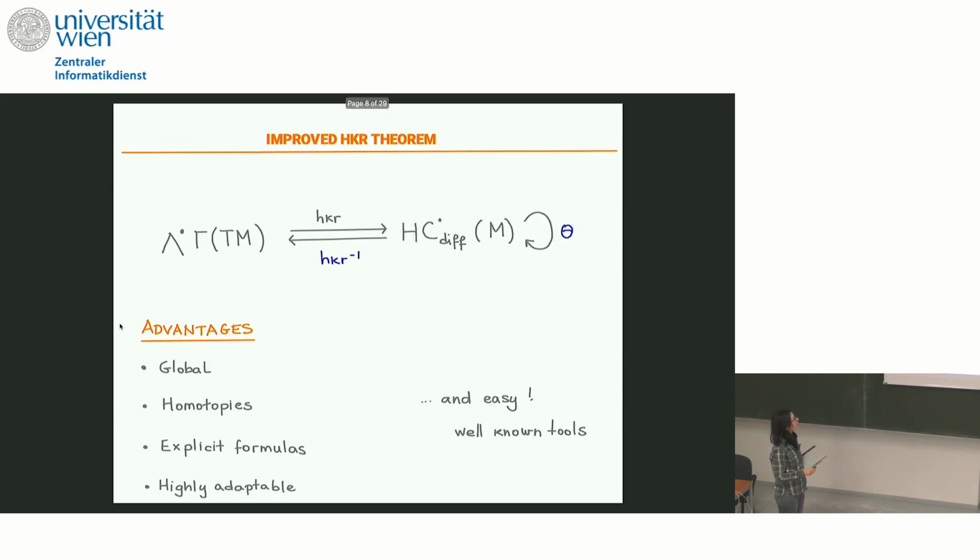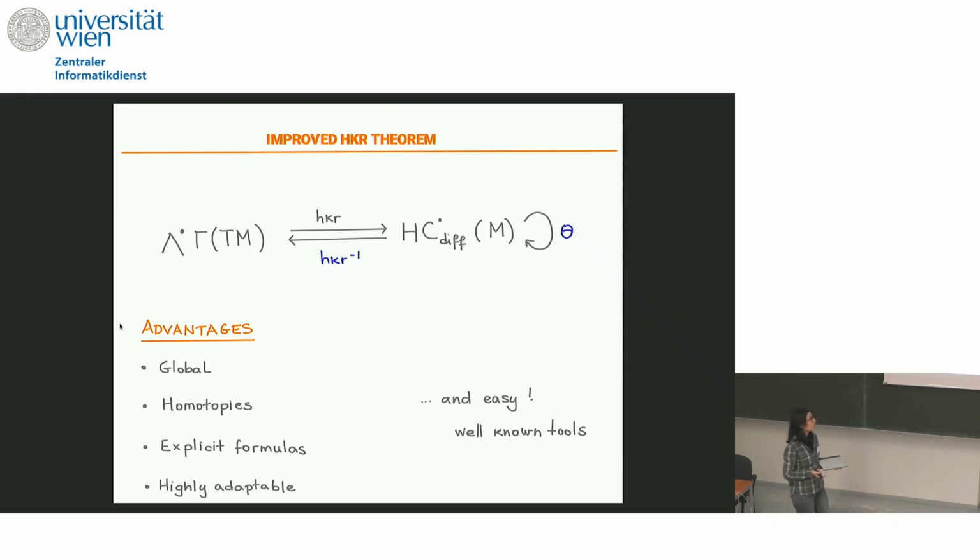So let's take a look at the improved version, how this actually looks. You will see that what we get is actually a retract, a deformation retract. So we will get HKR, global, but of course recovering the usual formula. We will get the quasi-inverse, the homotopy, and the formulas you will see are going to be very explicit and also rather easy to write.